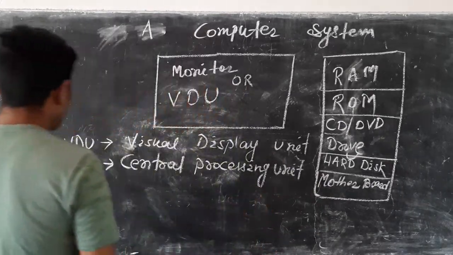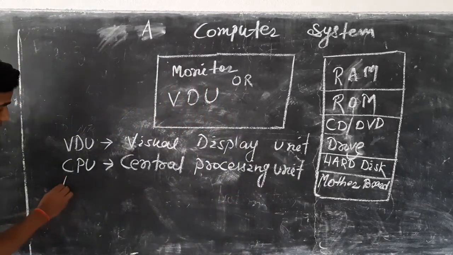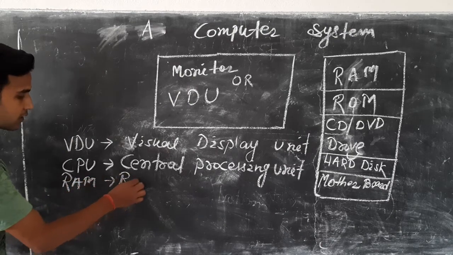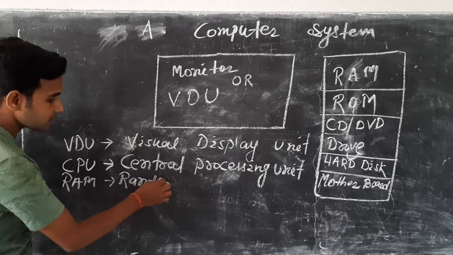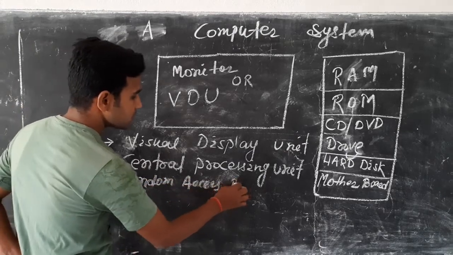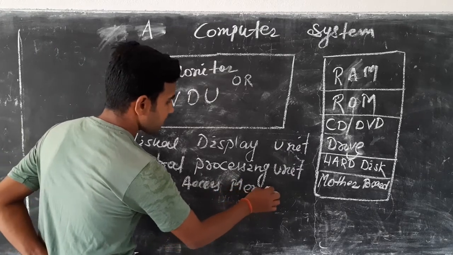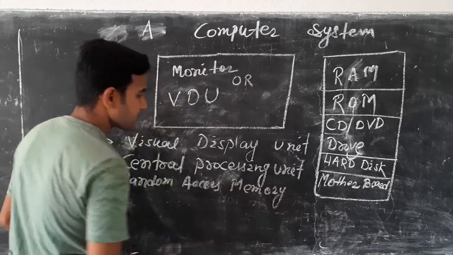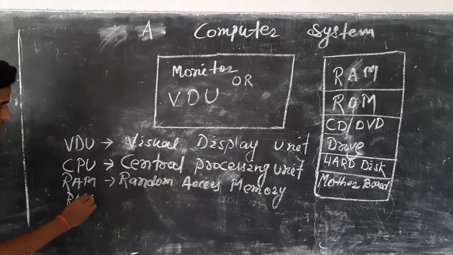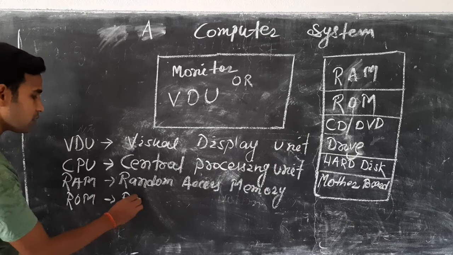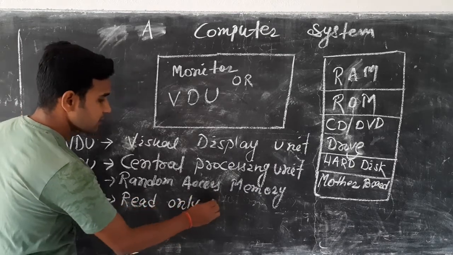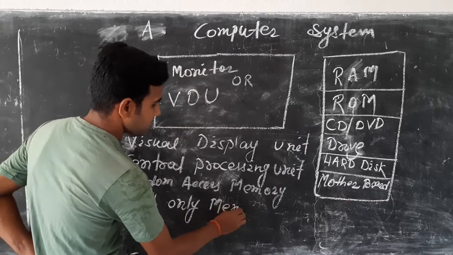So again, let's start from RAM. RAM stands for random access memory. ROM stands for read only memory.